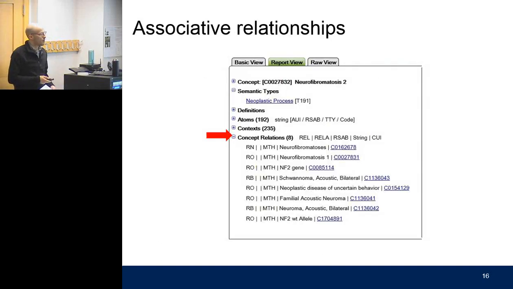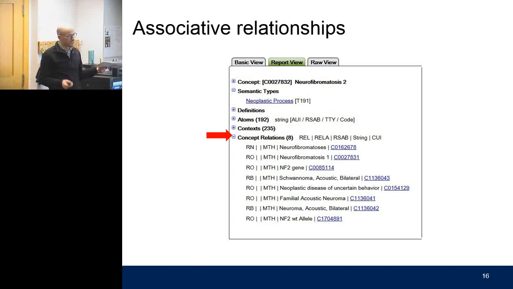So again, back to our example of neurofibromatosis 2, to see an example of this, we see some of the concept relations, some of the other concepts within the UMLS that neurofibromatosis 2 is related to.